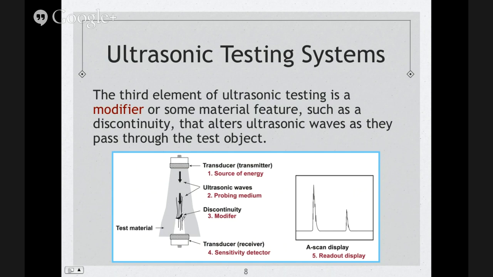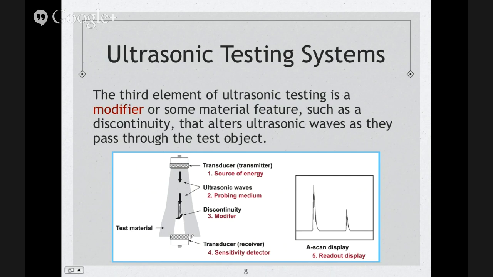If there was no impedance difference between these two, the ultrasonic waves would just go right through them and get to the probe, and you would never see a change in your amplitude over here. But because you have an impedance ratio, you get all that reflection going back, never making it to the receiver.